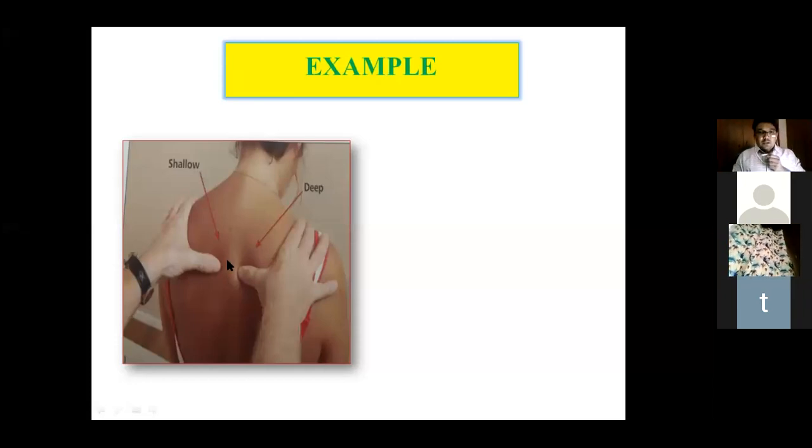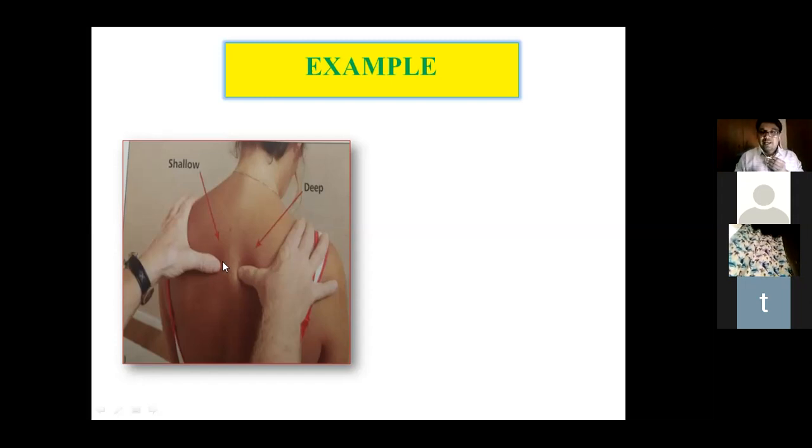Okay, so just place both our thumbs on the transverse processes of the spine, like T4 according to this example, and stay there for a few seconds and try to understand the symmetry of the thumbs.